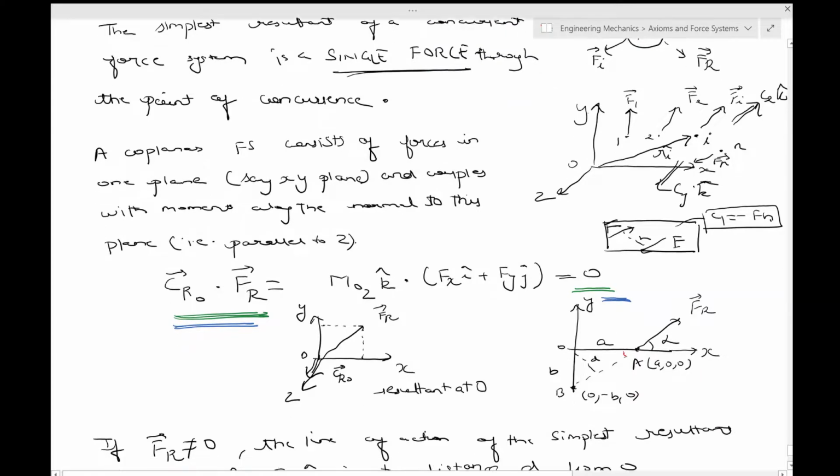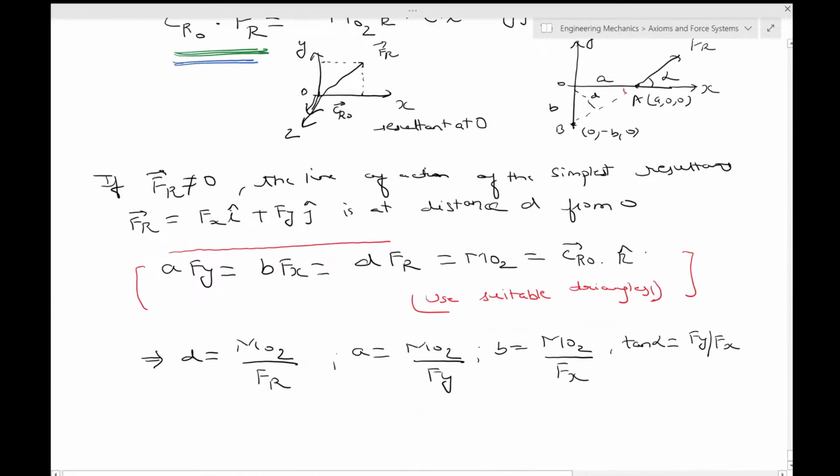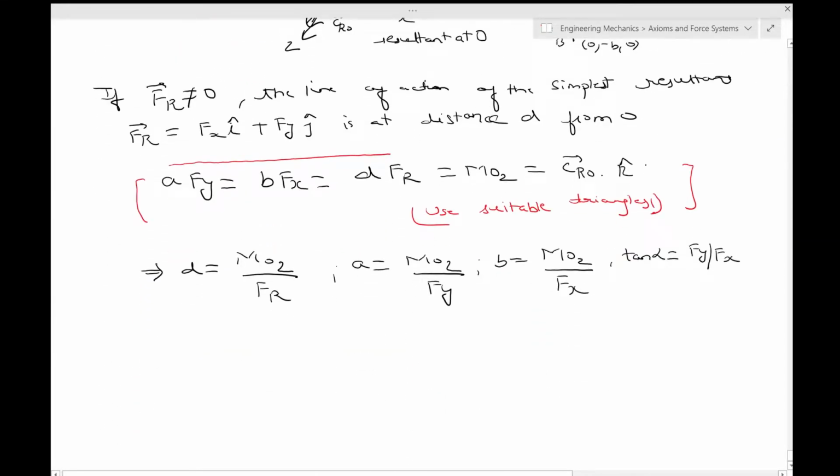Okay. So for dealing with a parallel force system, we have to separately deal with this. So let's have a parallel force system.